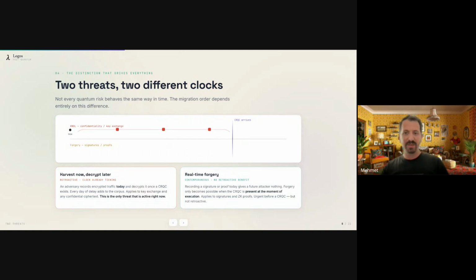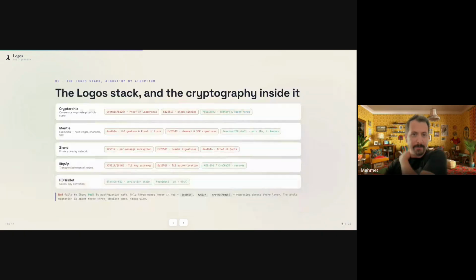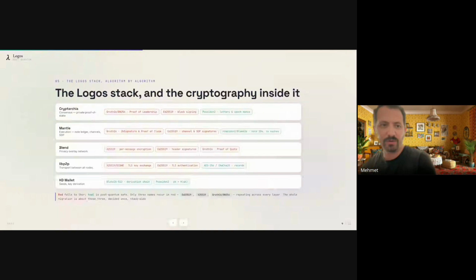If someone stored old transactions, also these are in the mempool, and after there's a high-scale quantum computer, it can easily see the whole transaction history, and the attacker can break that privacy. So, what is the status of the Logos blockchain regarding those attacks?